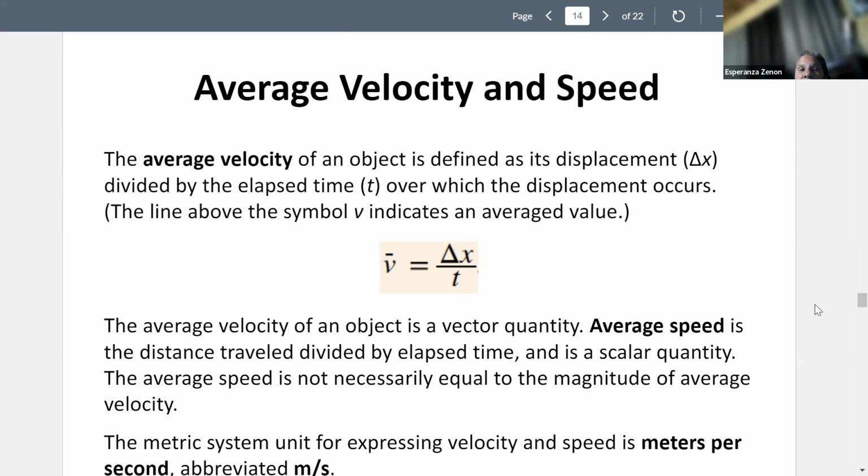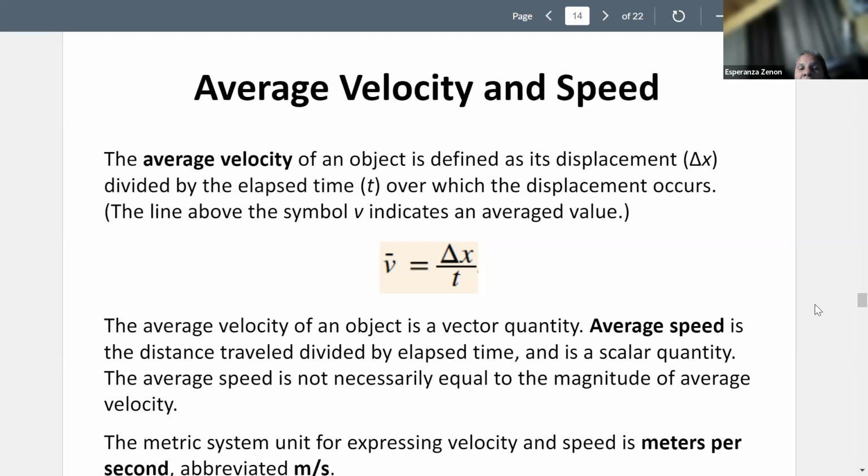In physics, velocity and speed are very different, and you have to be careful to not only state the terminology correctly, but find it correctly, measure it or quantify it, calculate it correctly. They're very different properties, okay? They don't mean the same thing.